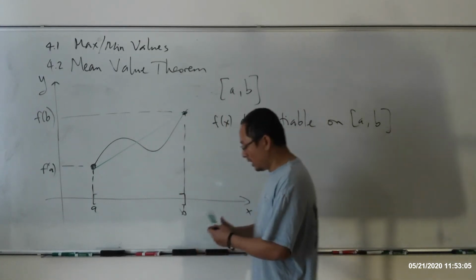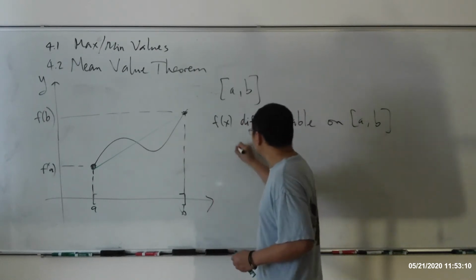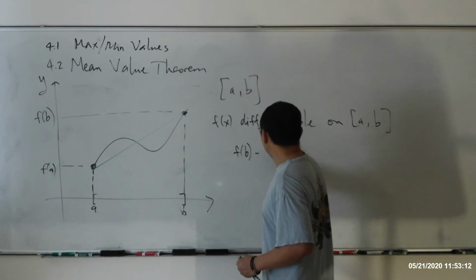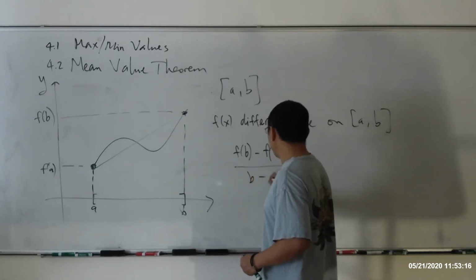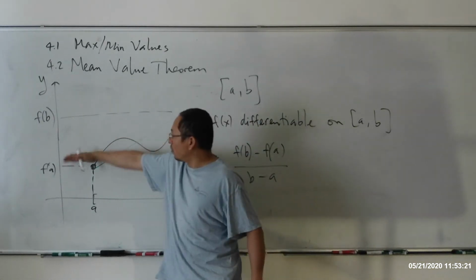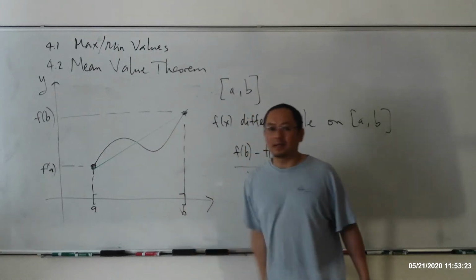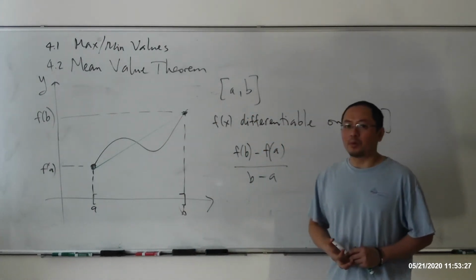Change of y over change of x. That's going to be f(B) minus f(A) over B minus A, which is the slope of that secant line, the green line that goes through the two points A and B.